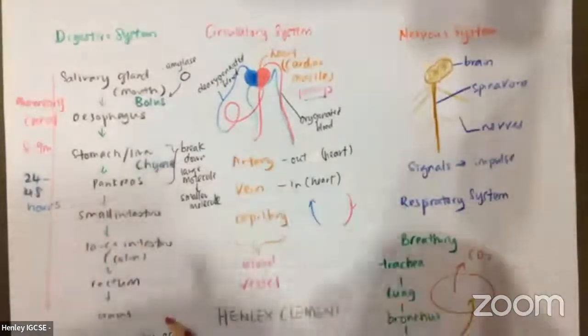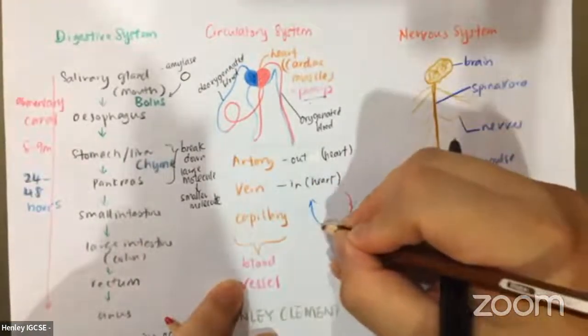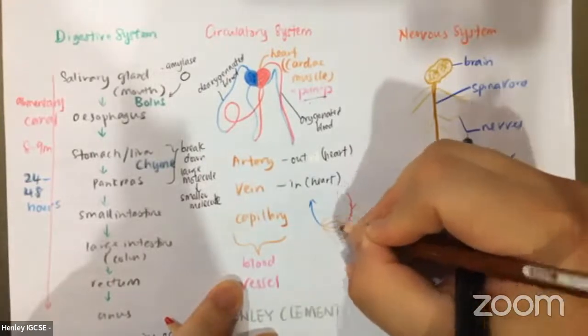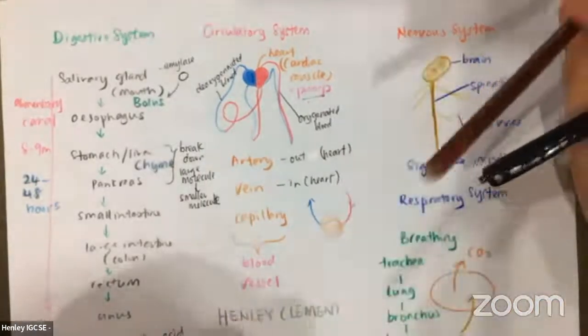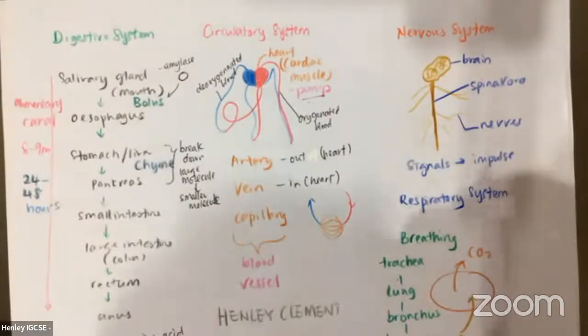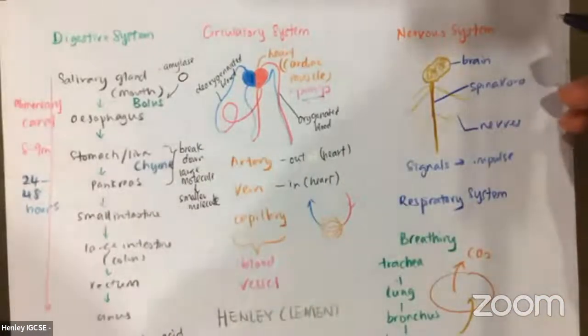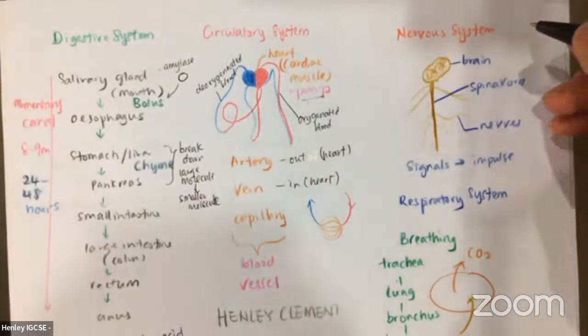The part that joins these two is some very fine vessel, most of the time only one cell thick. That means the thickness is only one cell. This is called the capillary.